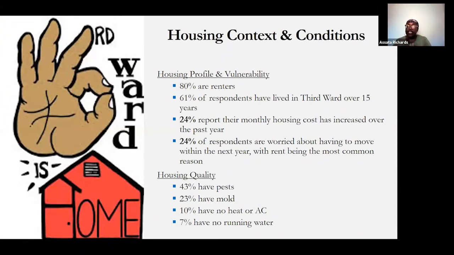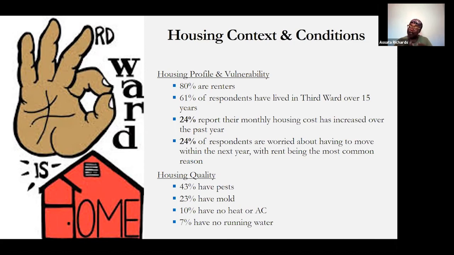Even when you look at the conditions of this neighborhood, you see the stress that the residents are under in their physical living conditions. They're worried about being able to live in the neighborhood, worried about whether they can afford housing, and this is pre-COVID. They're vulnerable in a neighborhood where development is happening.